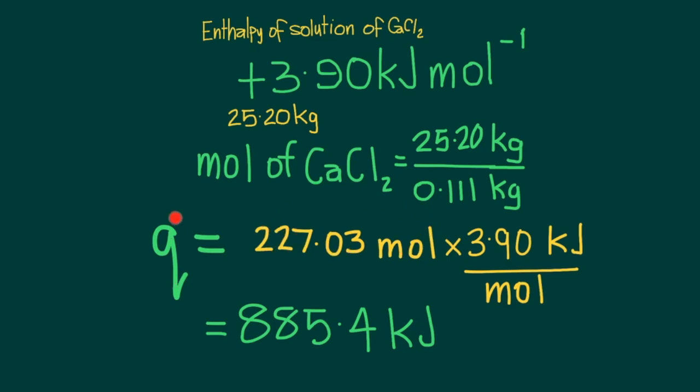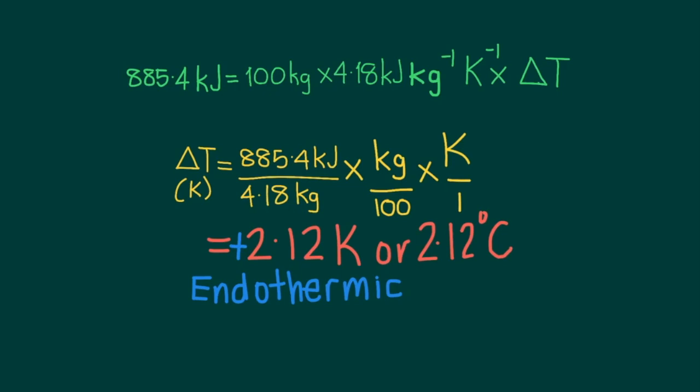And since the Q value, or the heat lost or gained by calcium chloride as it dissolves in water, the enthalpy of solution, is given in kilojoules per mole, then if you have this number of moles, the actual energy lost or gained would be 885.4 kilojoules.